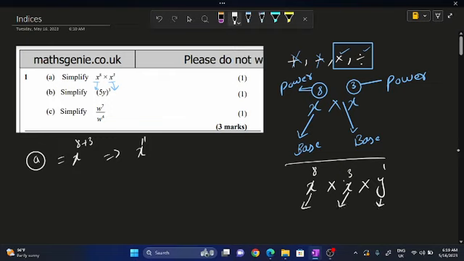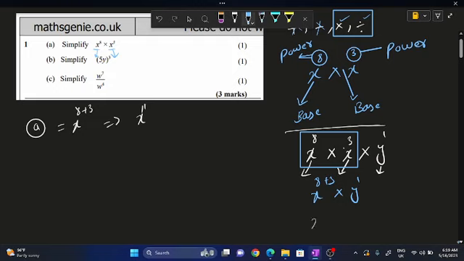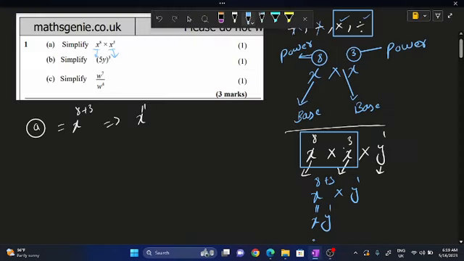So the first two terms can use the base law of maths and can be written as x raised to the power 8 plus 3, but y will be written as it is because y and x bases are not the same. So the answer for this question would be x raised to the power 11 times y raised to the power 1. The y power will not be added in this question because it has a different base from x.